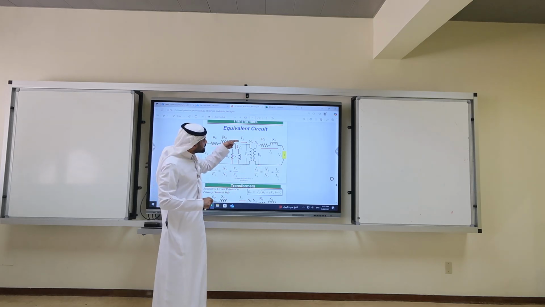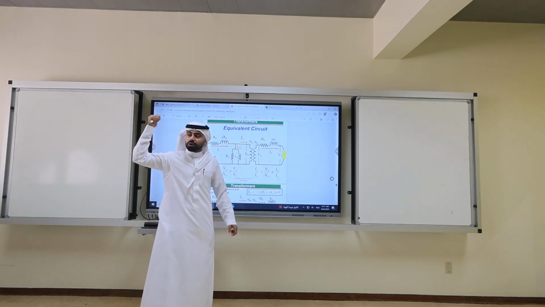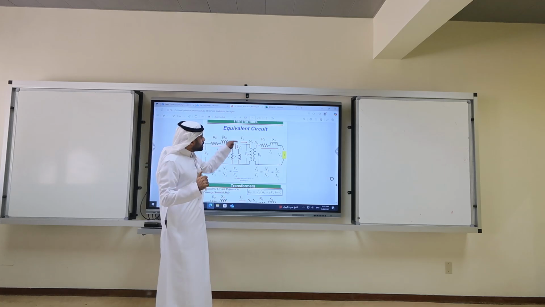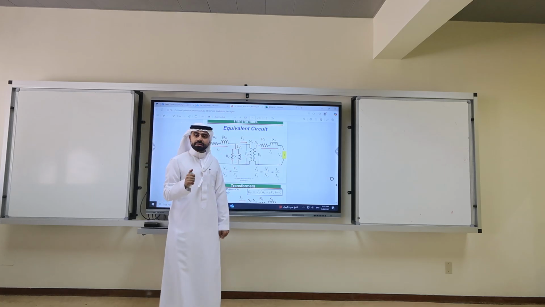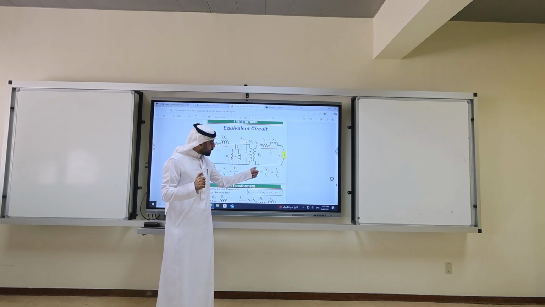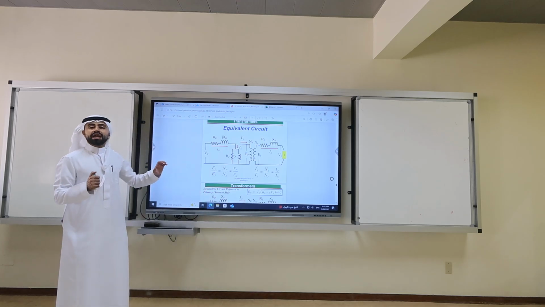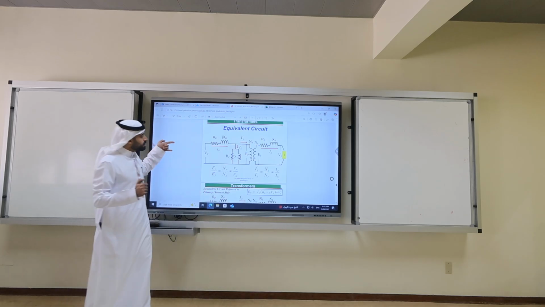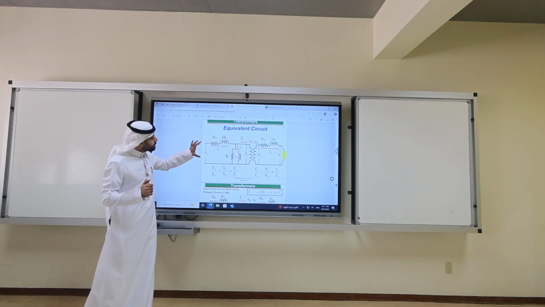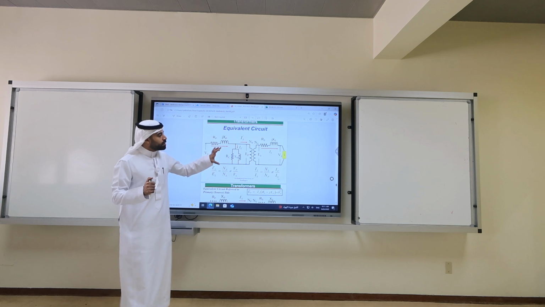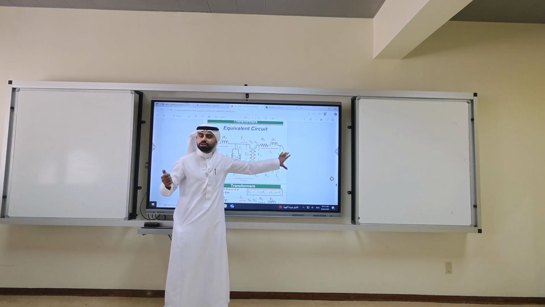Same thing, IS prime, which we called before IP, is 1 over A times IS. The terminal voltage and the terminal current, measured at the terminal: VP does not equal AVS, otherwise we'll be cheating.